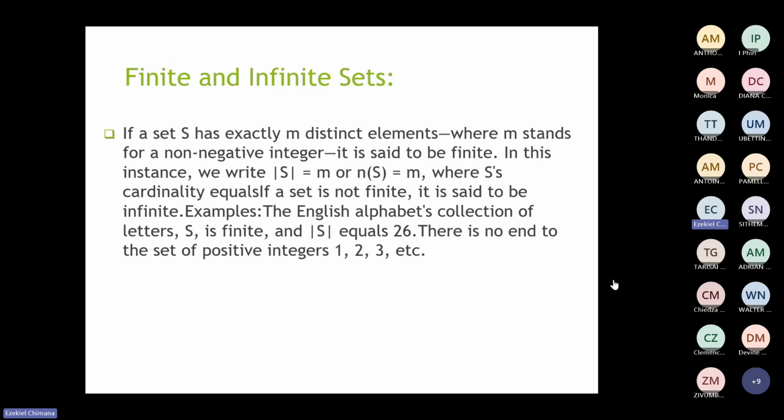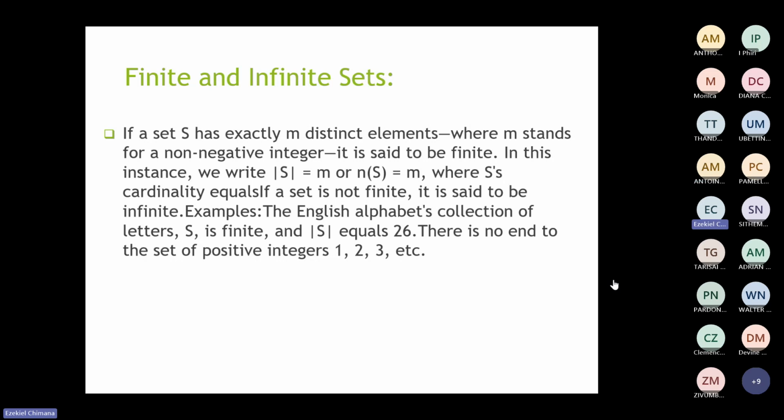I think in simple terms, when you are talking of finite sets and infinite sets, a finite set has countable elements in it, something that we can count, like the example you gave of the English alphabet, a collection of letters, and we can find the cardinality of it, or the number of elements in S, which is equal to 26.